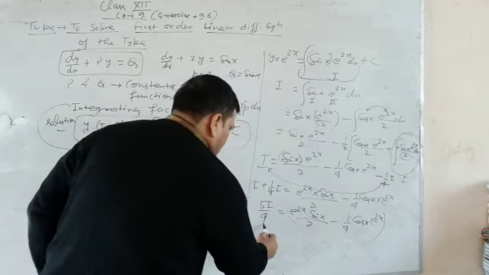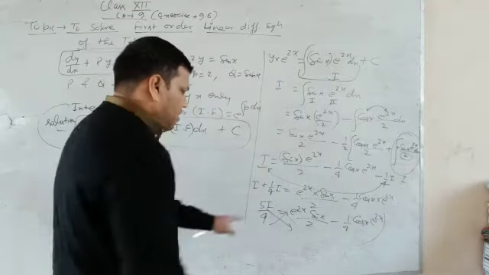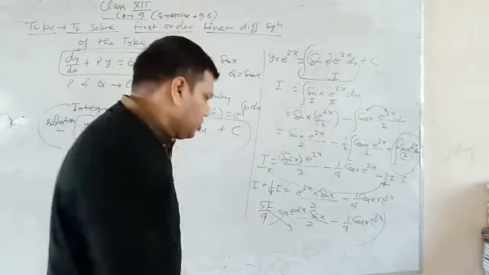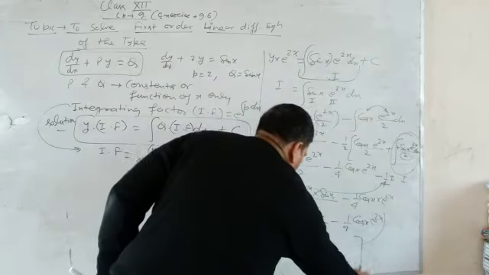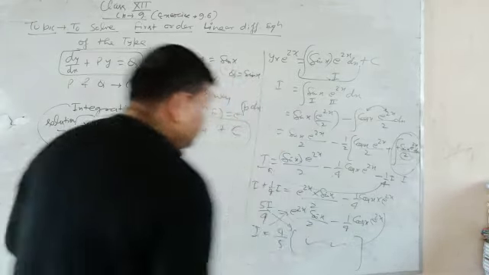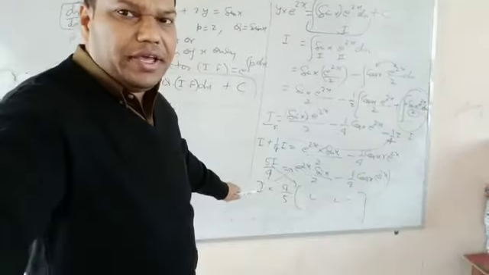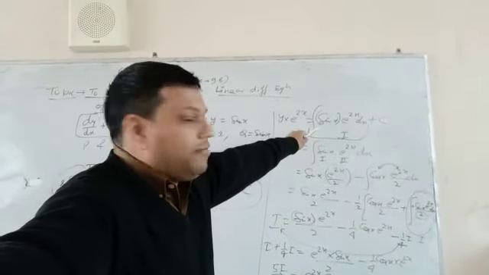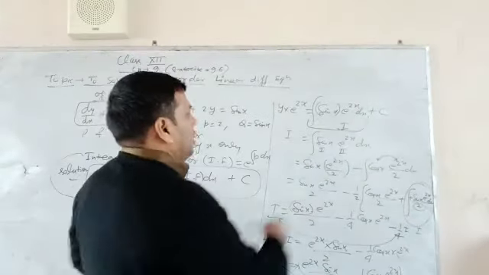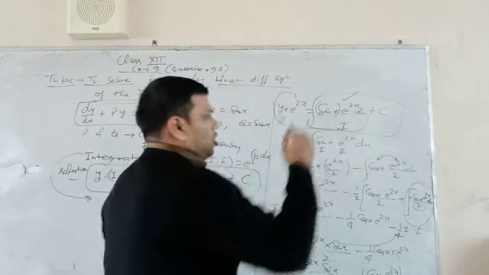Now the 4 will go there and 5 will be there, so you have I as 4 upon 5 times all that. Again, this value of I must be placed in that equation, and you put that value of I here, and you got the answer.